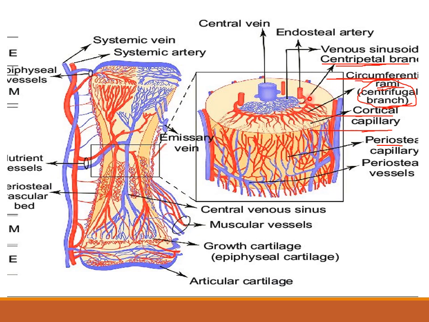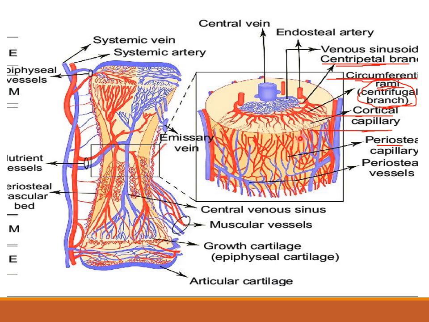So what you have seen is that the nutrient artery, which is the diaphyseal artery, gives number one, ascending and descending branches, which are the medullary arteries. Number two, end arteries, which end directly in the venous channels.